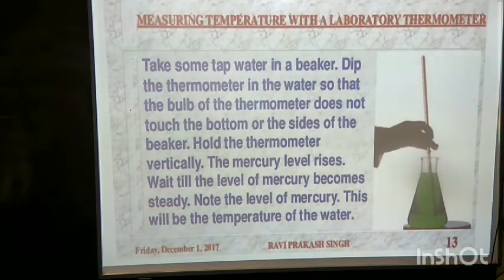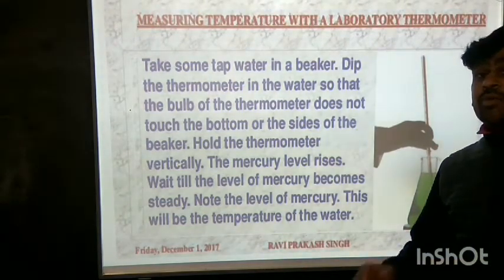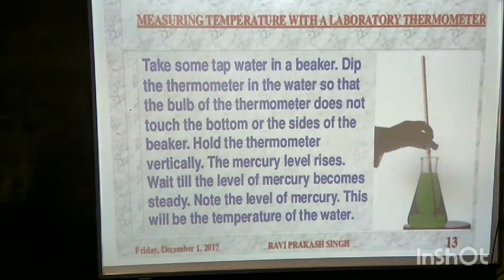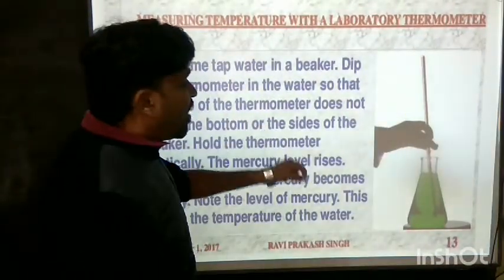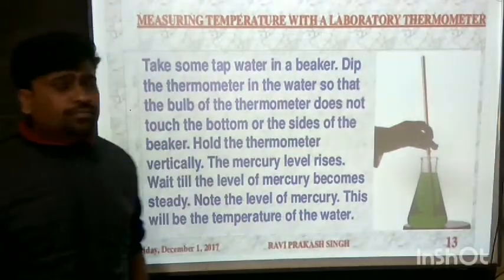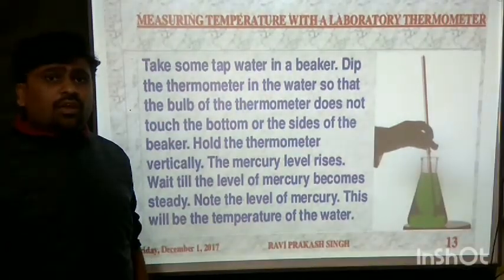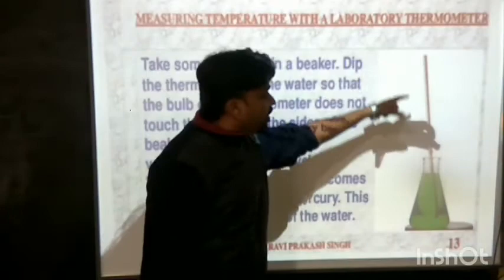Regarding measuring temperature with the laboratory thermometer, how do we use it? See the picture here. It is a conical flask, which comes in higher classes, first PU and second PUC. Inside the conical flask it is filled with water. Clear? Now take the laboratory thermometer.